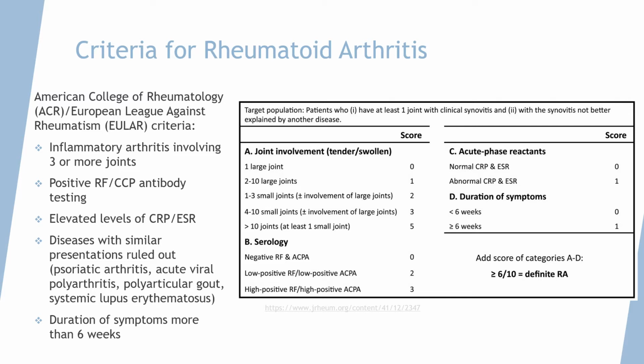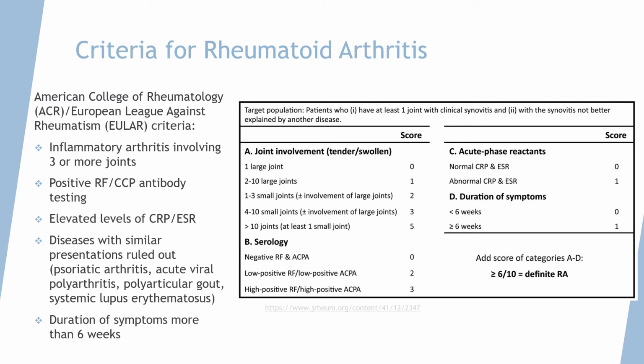There has to be caution, though, that rheumatoid arthritis can be similar in presentation to other inflammatory diseases like psoriatic arthritis, acute viral polyarthritis, polyarticular gout, and lupus.